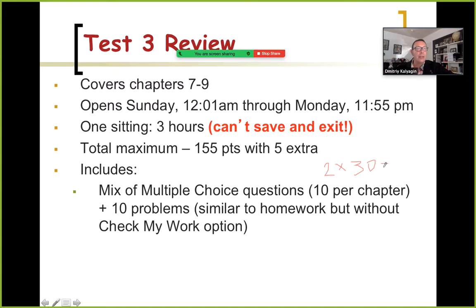Then 155 minus 60 gives us 95 points, which go into 10 problems, similar to the homework problems that you complete, especially the first few in your homework, but you cannot use the check my work option or hints.